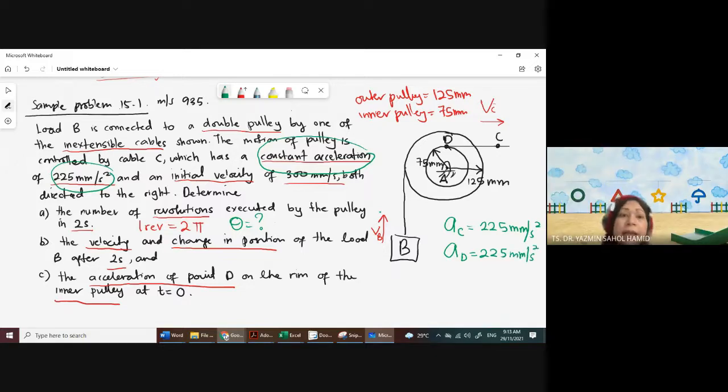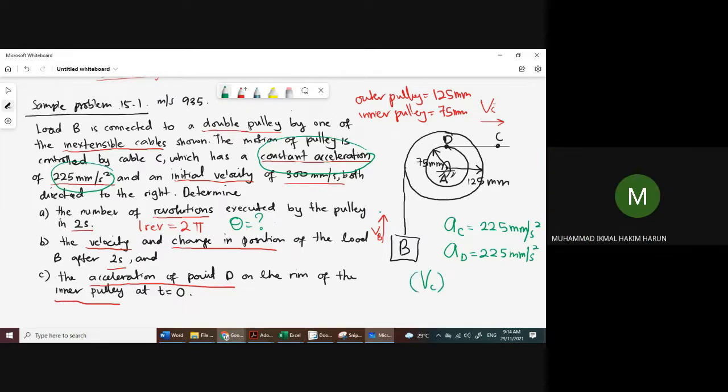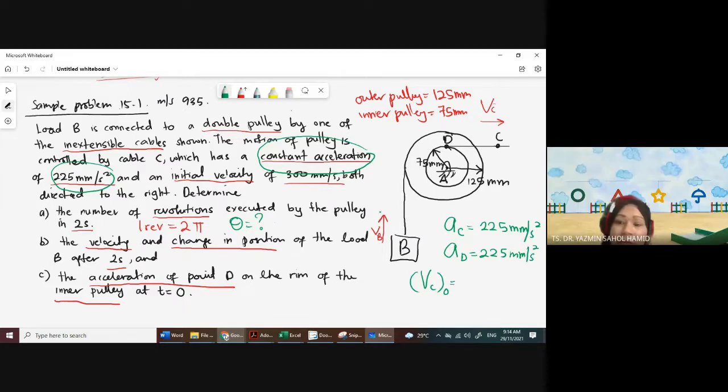So, constant velocity, initial velocity dia berapa? 300. Jangan lupa initial dia kena ada VC naught. So, initial velocity dia adalah 300. Apa you rasa initial velocity untuk D? Sama lah.